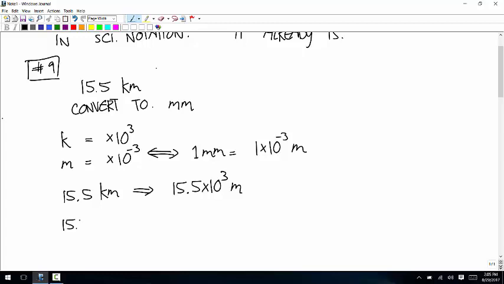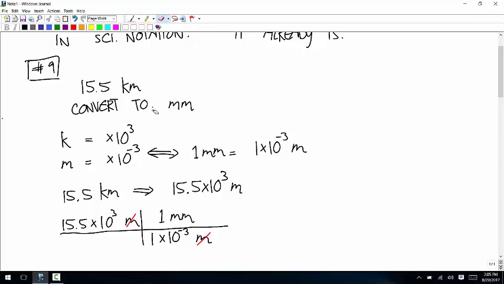So 15.5 times 10 to the 3rd meters. We want to cancel the meters, so I'll put the times 10 to the minus 3rd in the denominator. And millimeters go up there. You can see the units cancel. So now we're in millimeters, and we just have to multiply this out.